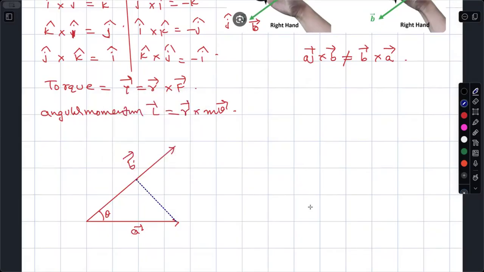That is a perpendicular drawn like this. So the magnitude of this is nothing but A sin theta, geometry wise. This is nothing but the magnitude of A bar cross B bar by simply B.